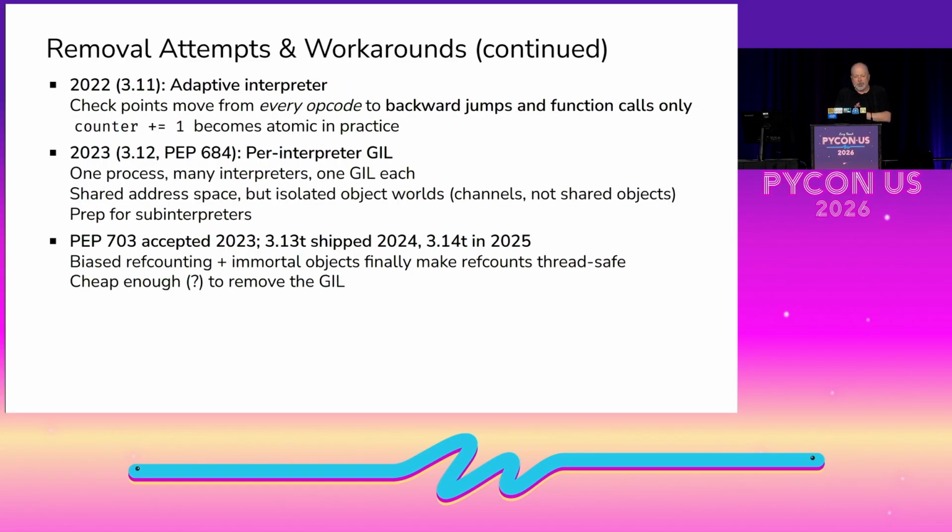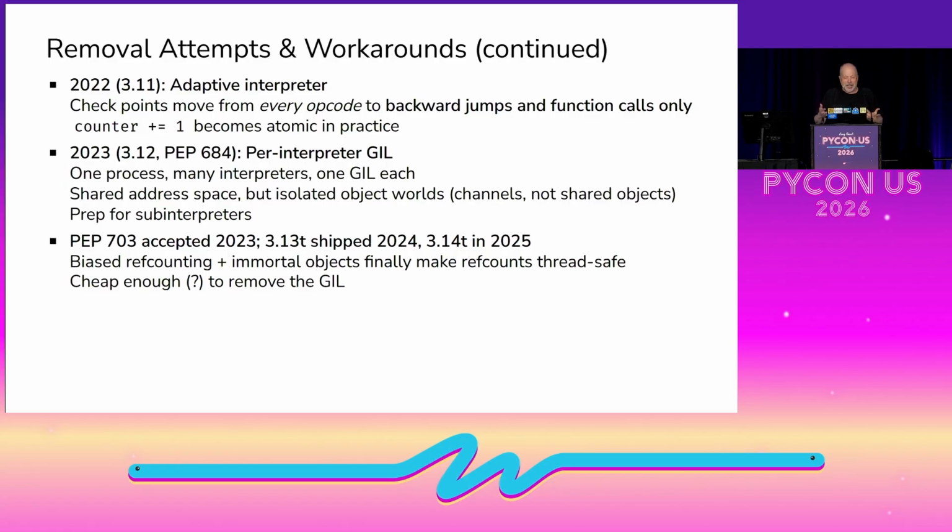Let's see, there are improvements to the interpreter. We're still in the process of, Eric Snow is still working on this as far as I know, sub-interpreters. It's all in a single operating system process, so the memory is visible to all of the things, but you have multiple sub-interpreters, and each can run on its own core.